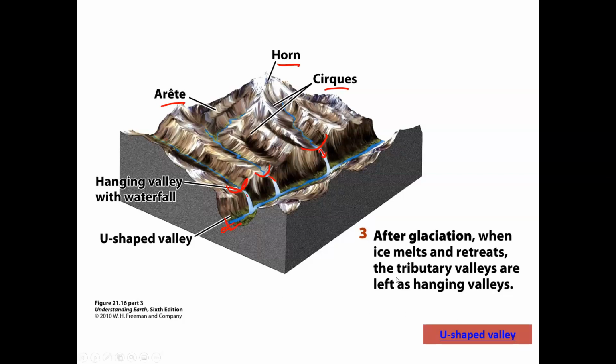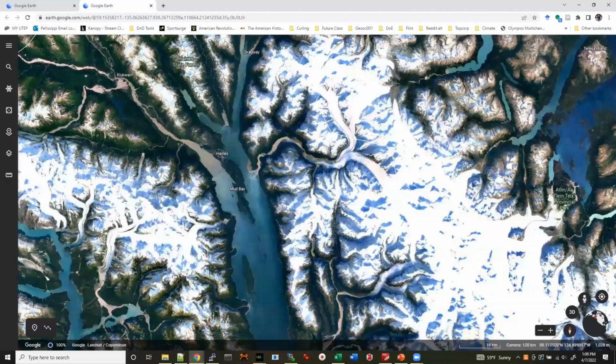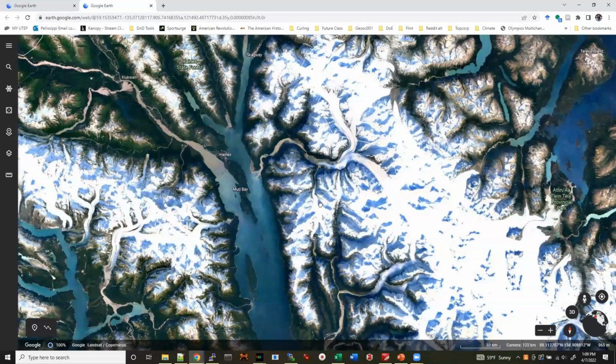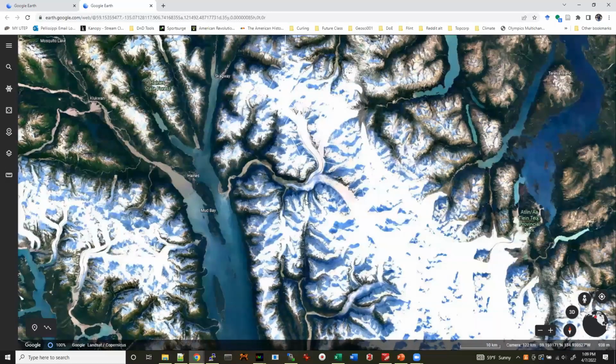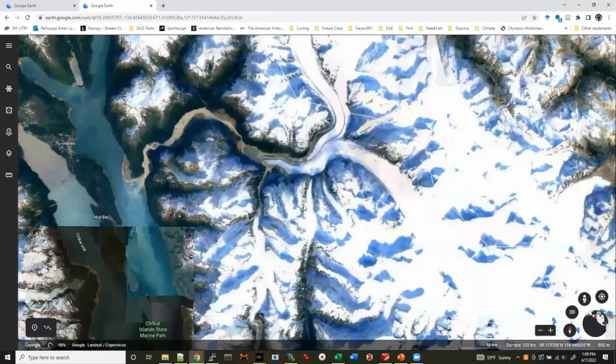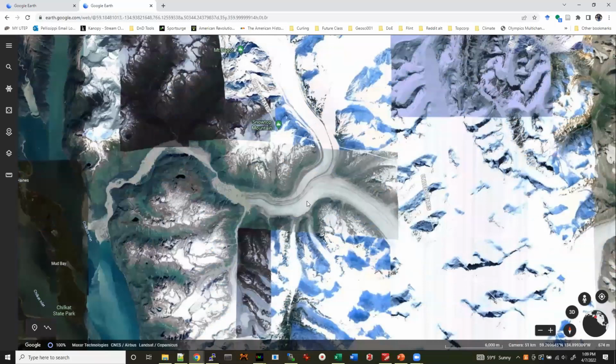Let's take a look at a U-shaped valley. So here we are, Google Earth. We're in sort of southeastern Alaska in an area that is still glaciated today. So we can zoom in and see one of those glaciers, two of them meeting together into this further valley.